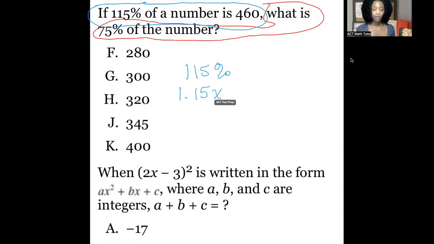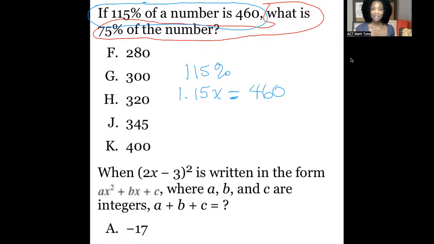So this represents 115% of a number. 1.15 times an unknown number x is =460. Okay, so I'm literally translating the words into a mathematical equation, right? Just like we would translate languages.